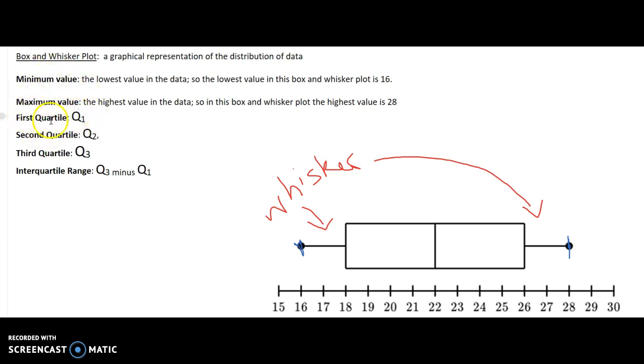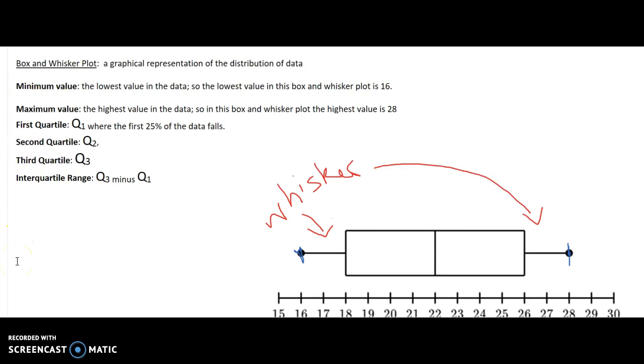Now, this is what we call the first quartile. And please make sure you're writing this down. The first quartile is also abbreviated as Q1. It's a little confusing to understand at first, but we're going to define it as where the first 25% of the data falls. So Q1 is going to be at this line right here.